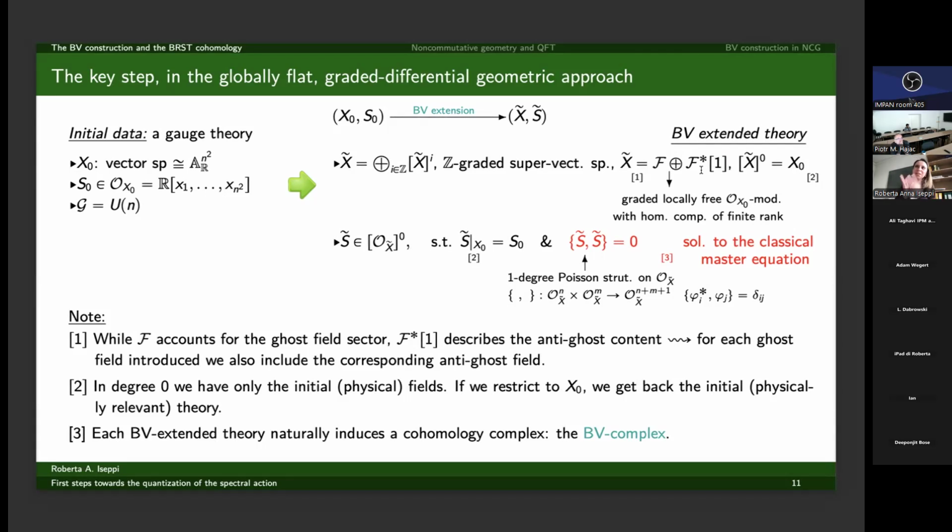If I were just doubling in the negative, what is in degree 0 would stay in degree 0. But these anti-fields I'm introducing are also not physical, so I want to shift them by 1, so I'm not confusing what happens in degree 0. This is the reason why I have this shift, just for keeping the different parts separate. In degree 0, I have my initial fields, degree -1, anti-fields, -2, the anti-ghosts, and so on and so forth.